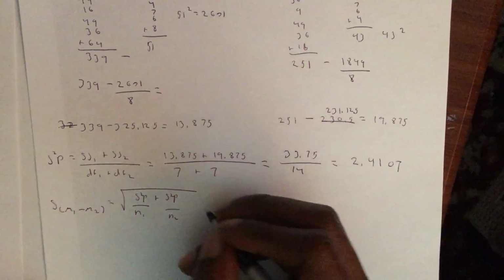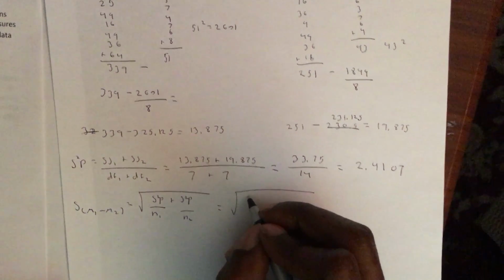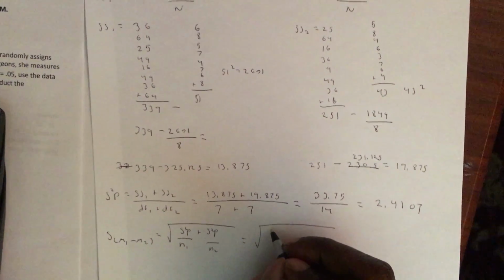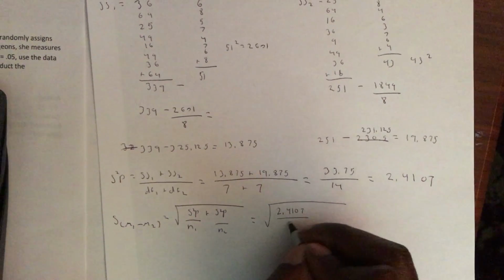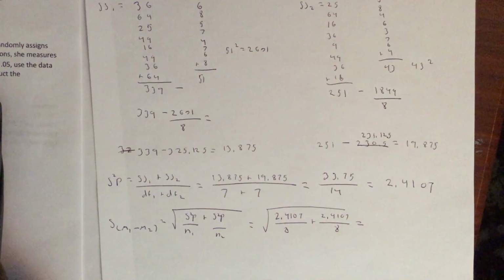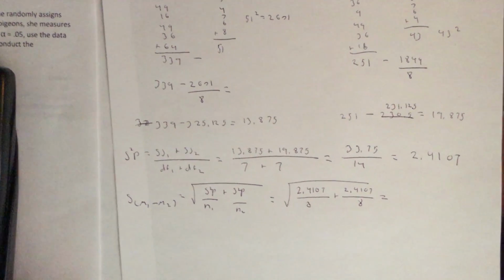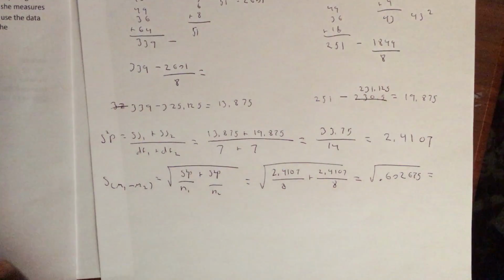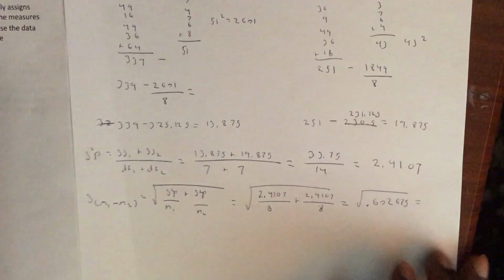In this case, these numbers will be the same, which is 2.4107 over 8 plus 2.4107 over 8, which gives us radical 0.602675, which gives us 0.776.